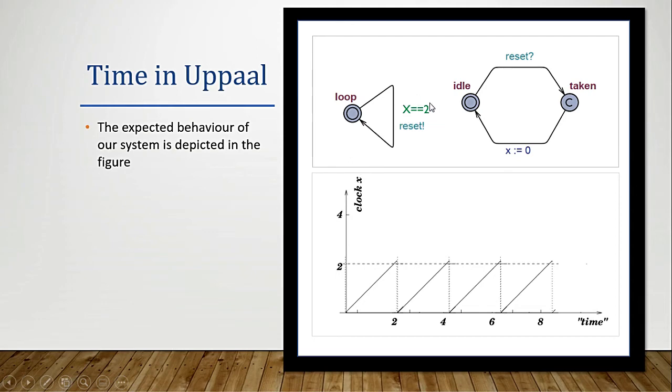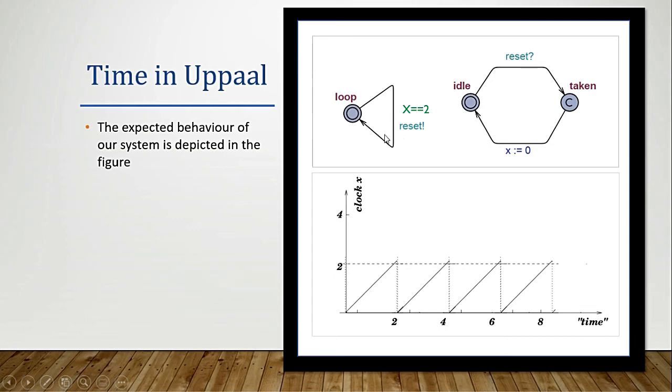if X is equal to 2, this is the guard here. So the time, for example, starts at 0, and then goes until X equals 2. So the system will allow you to take this transition.